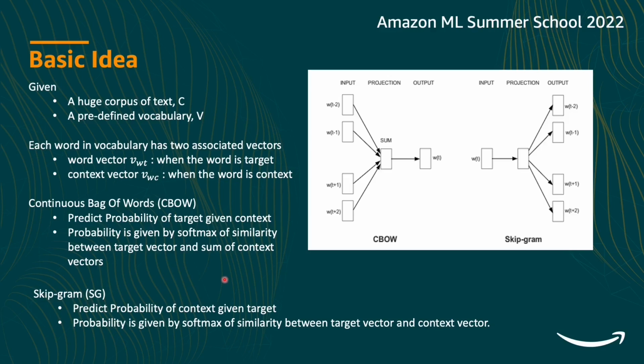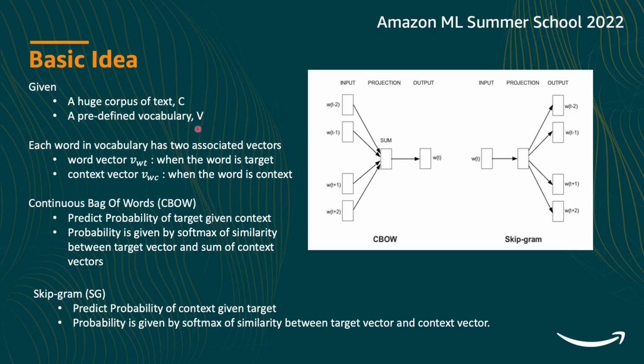So in word2vec, the basic setup is that we have a corpus C and also a vocabulary V. The corpus could be something like Wikipedia, all the things that are there in Wikipedia, and the vocabulary is all the unique words in the Wikipedia dataset. It could be large, like 10,000 to 50,000 words.